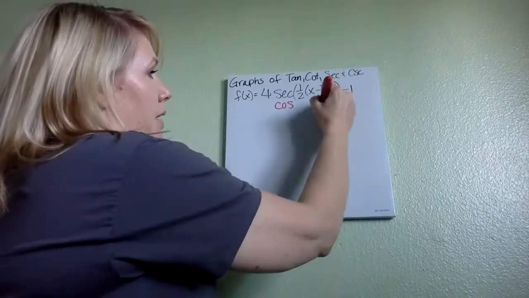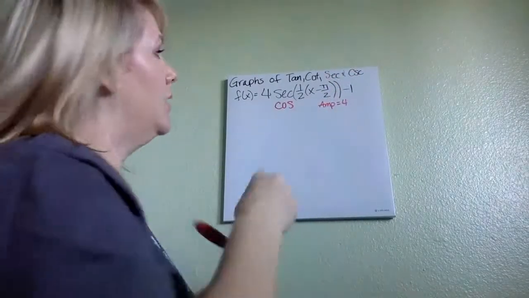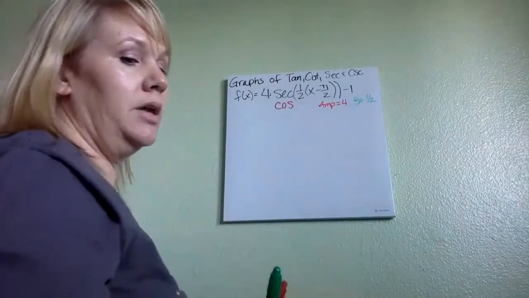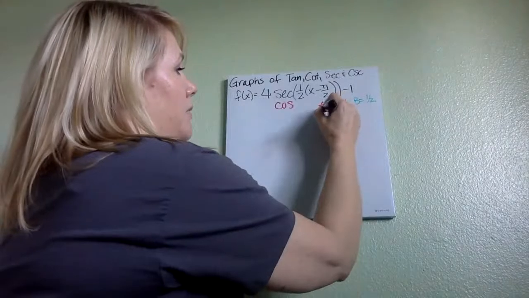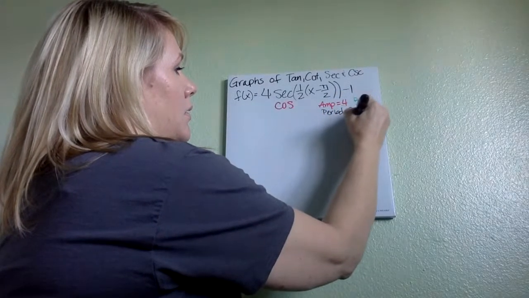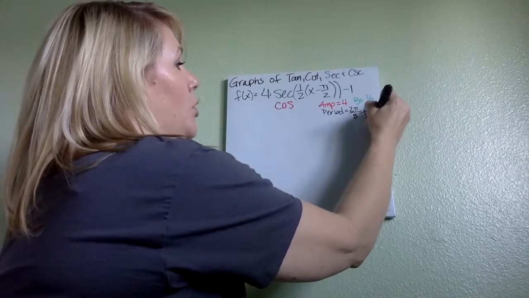And we'll identify our amplitude, which is 4, and our b value, which is 1/2, and then our period, which is 2 pi divided by b, is 2 pi over 1/2, which is 4 pi.